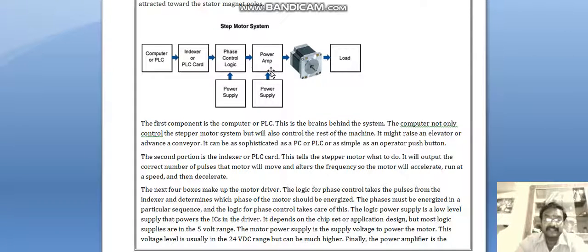Because 360 degrees is divided into four, 90, 90, 90, 90, the coils are placed in the motor like that. Which coil should be energized is controlled by these blocks.